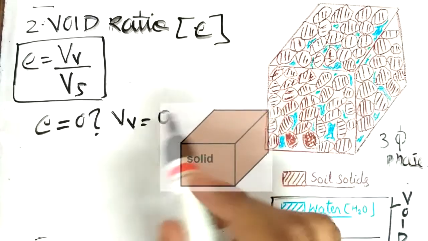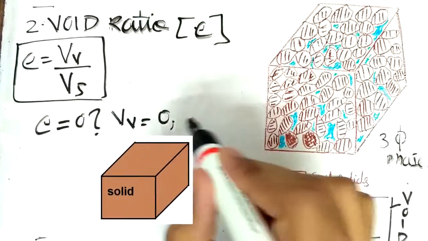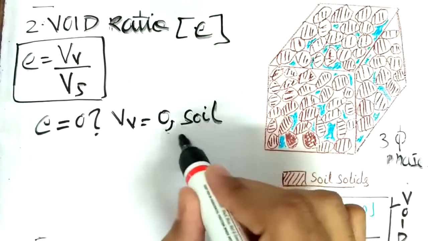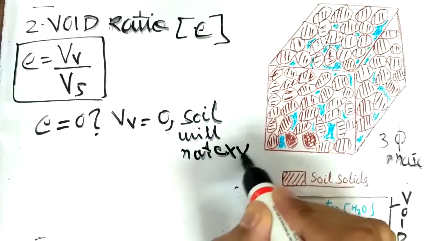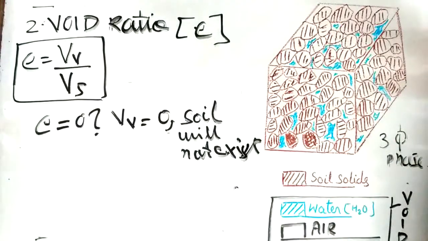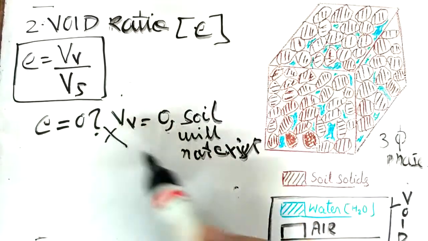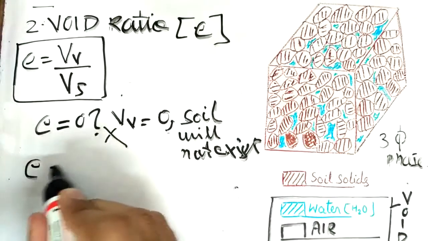So if my volume of void is 0, soil will not exist. It will become a solid. The main thing, soil, which is our domain in this subject, will not exist. So this case is not possible. e cannot be equal to 0. Now, can e be equal to 1?